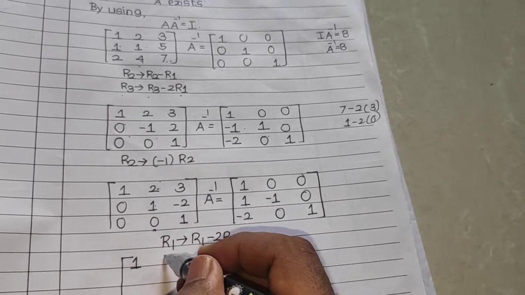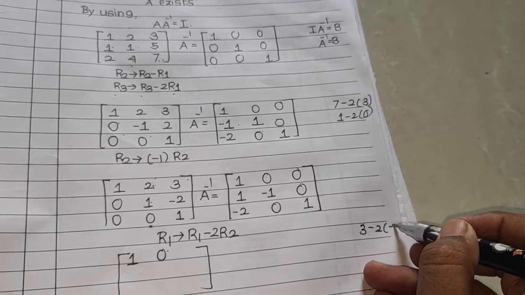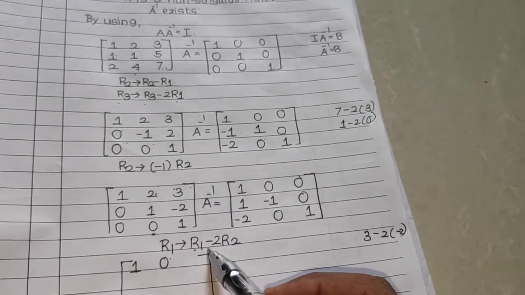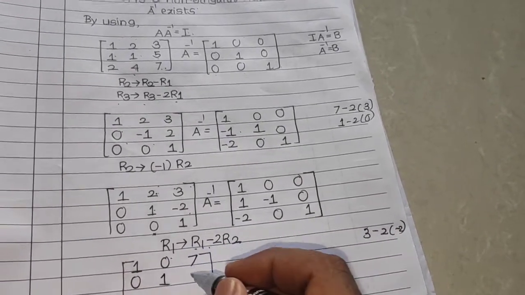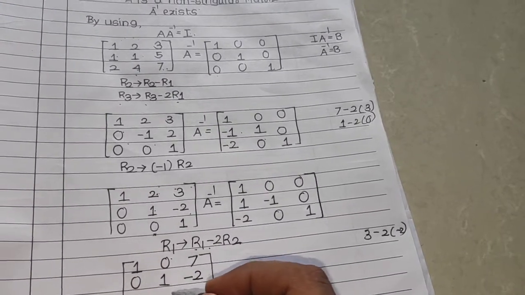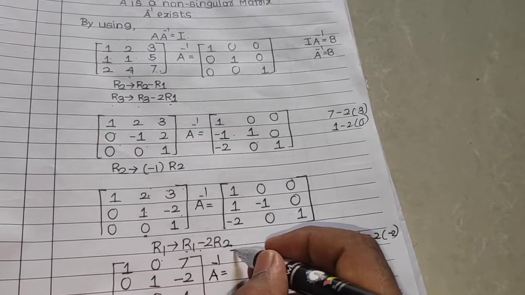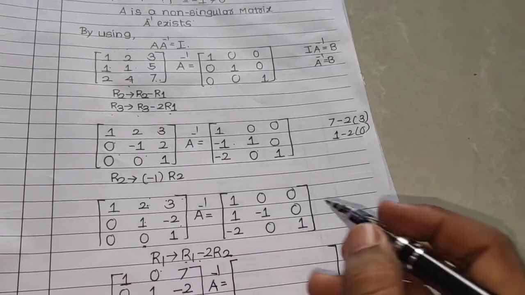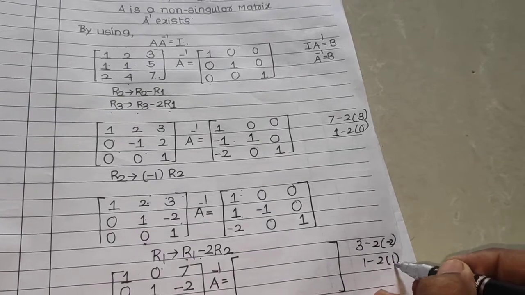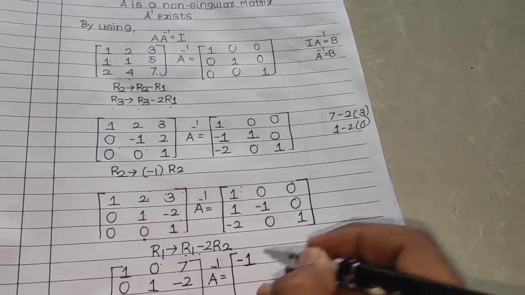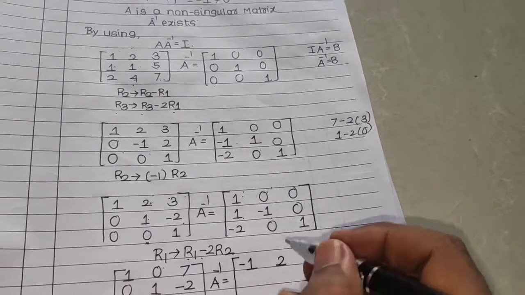R1 is definitely going to change. 3 minus 2 times R2, so that will be 7, 0 1 minus 2 and 0 0 1. 1 minus 2 times R2, 0 minus 2 times R2. These both are 0, so no problem.